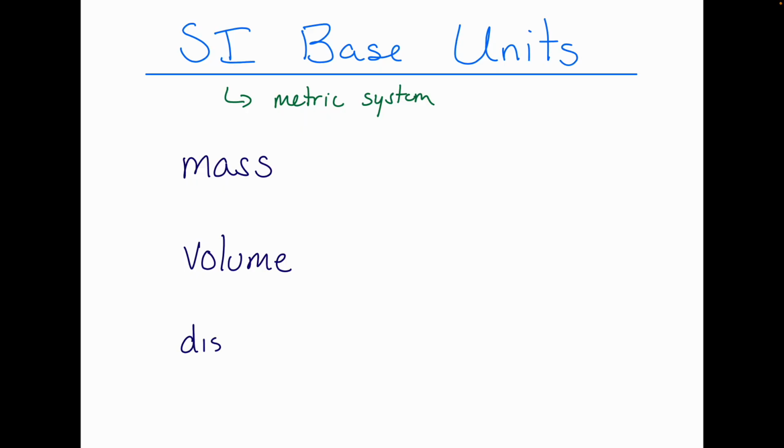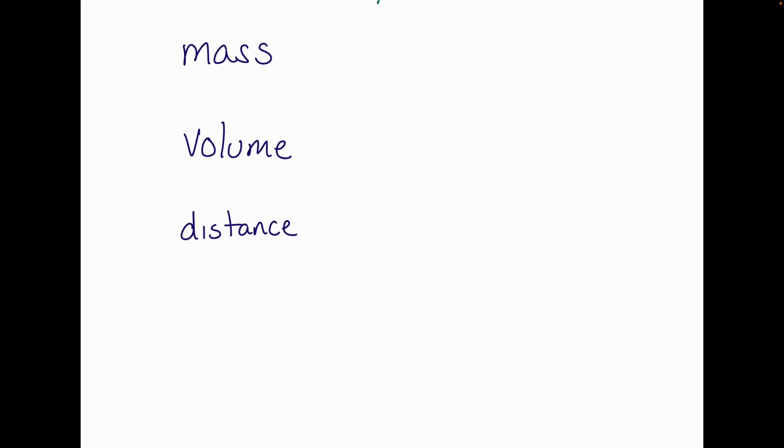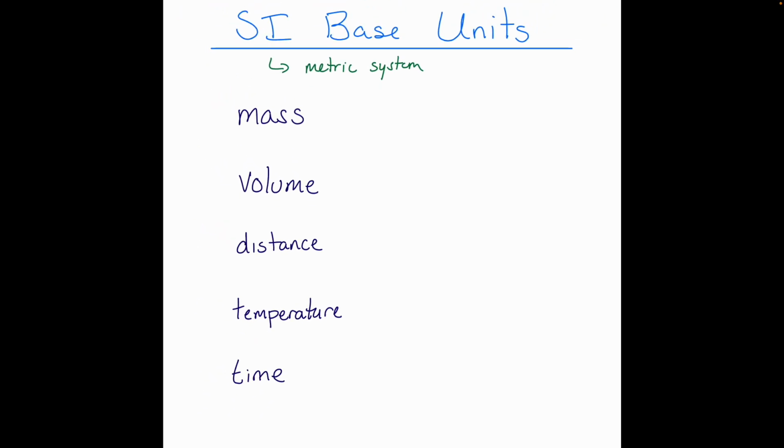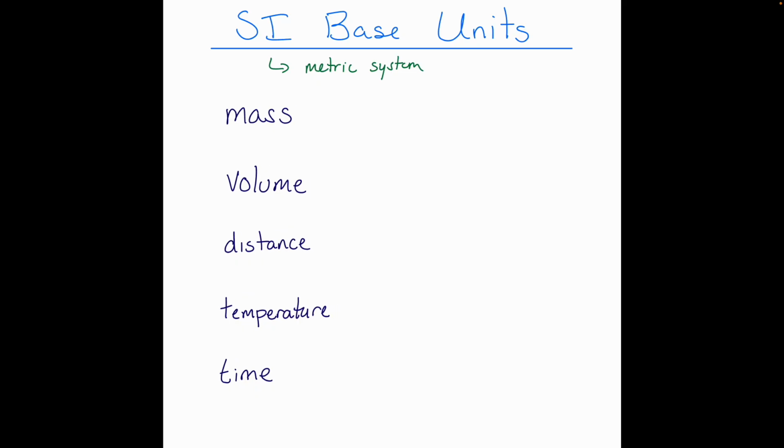We could measure distance or length, all right? We also want to measure temperature. And a lot of interesting chemical properties depend on time. So we're going to have an SI base unit for that as well. All right, so these are these different quantities that we could be measuring here.